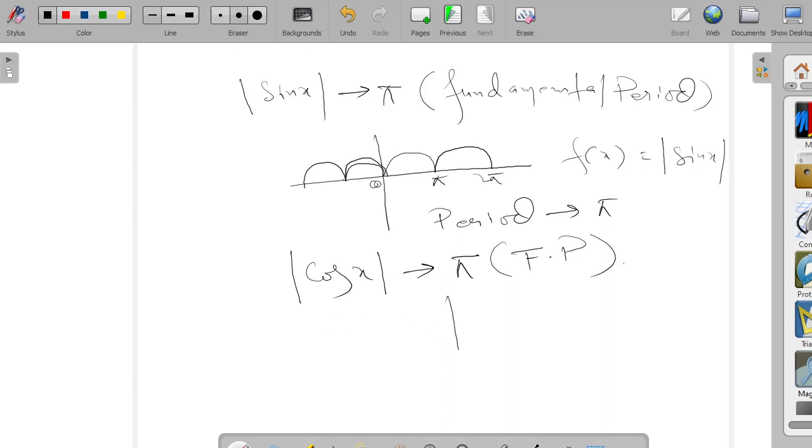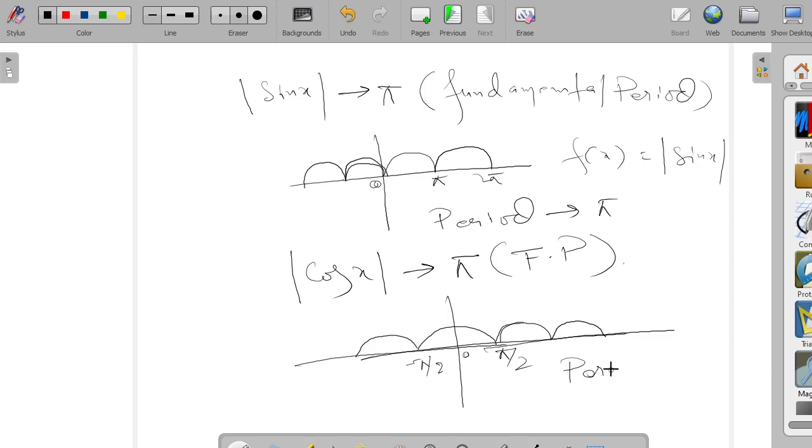So if we draw the graph of mod cos x, and similarly, so the period is also pi over here. Period is pi.